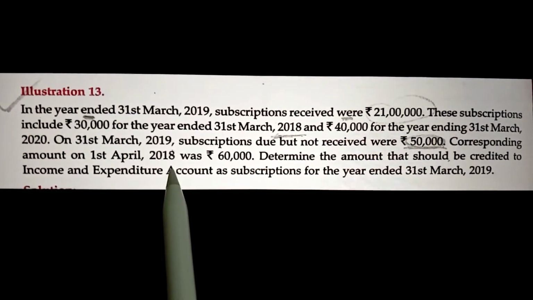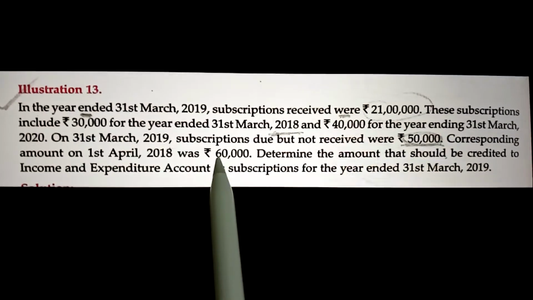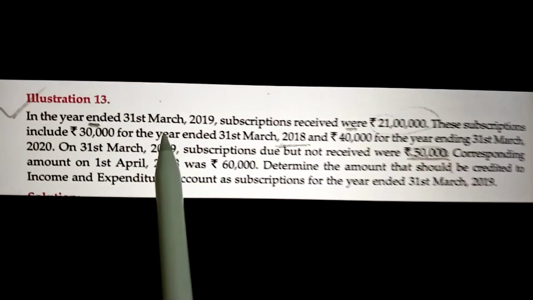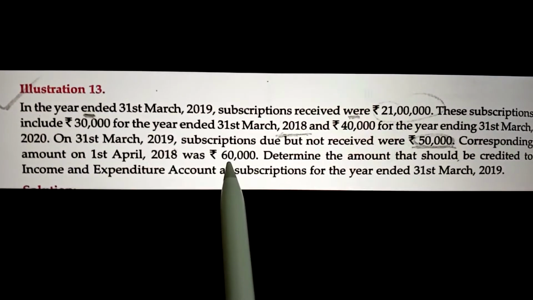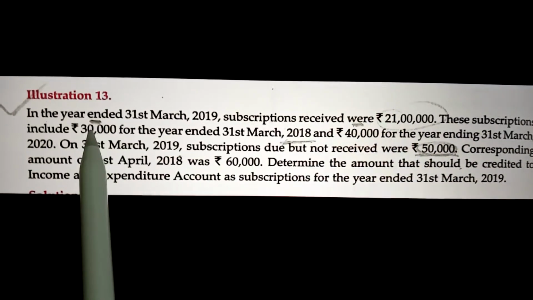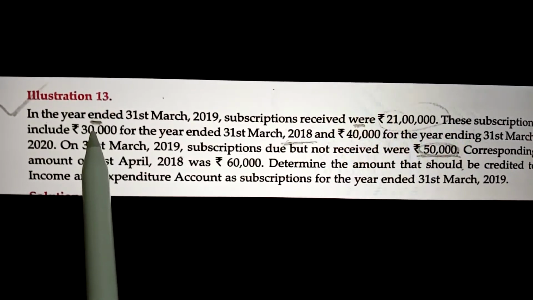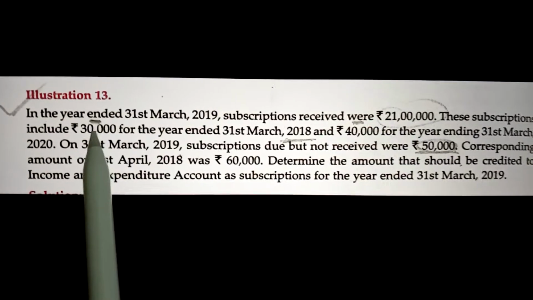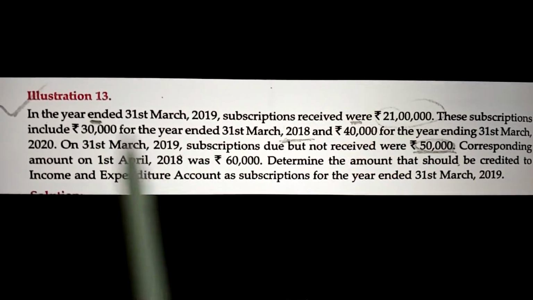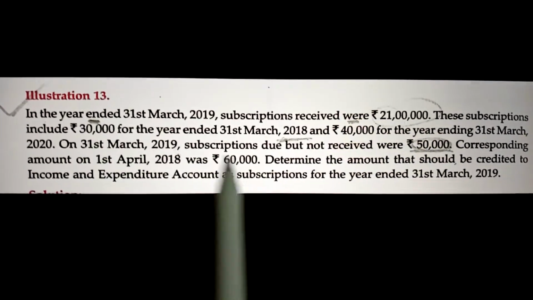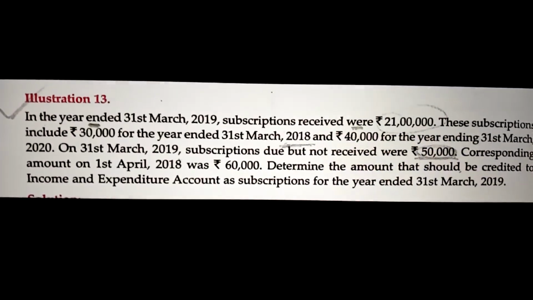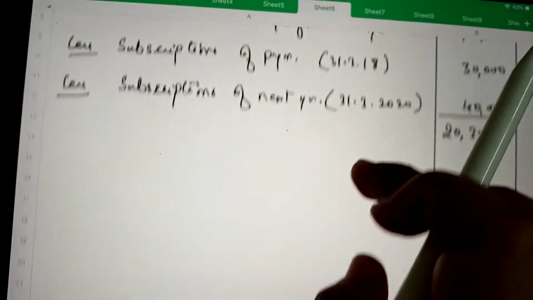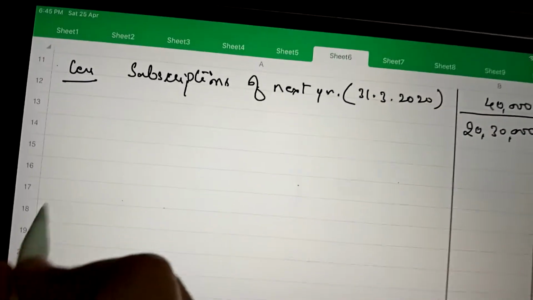If we are given the previous year's outstanding subscription and the amount received in the previous year, outstanding subscription in the previous year is 60,000 and amount received in the previous year is 30,000. So if both informations are given to us, then we will have to first make some adjustment, and the adjustment we will make here under working notes.